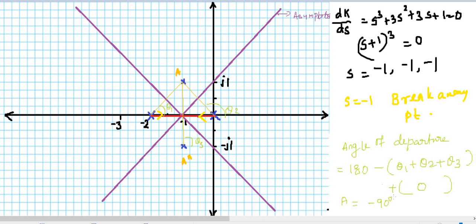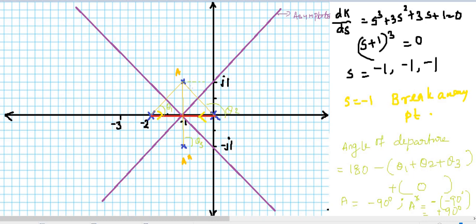So when complex pole A is minus 90 degree, what is it corresponding to A complement, the other pole? The angle of departure of the other pole is minus of minus 90 degree, that is plus 90 degree. So we got the angle of departure corresponding to the two poles.